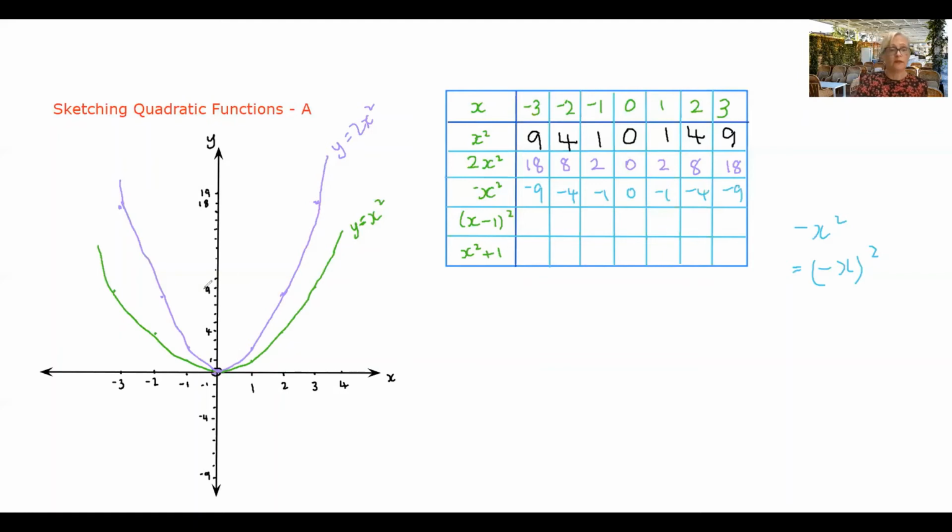So when we plot these, coming down here, you get something like this. Again, I'm just doing this very roughly to give you a rough idea of what it's going to look like. We get the same shape as we started with in the green, but it's upside down.